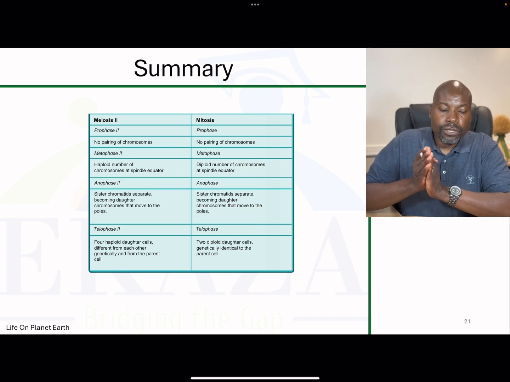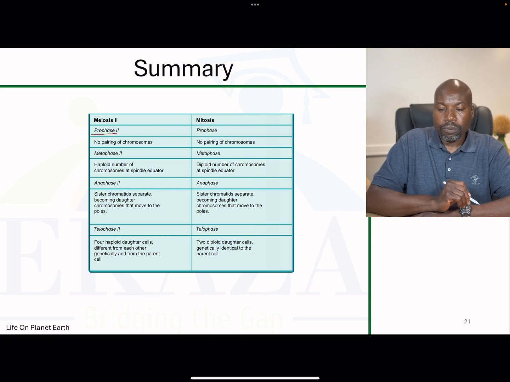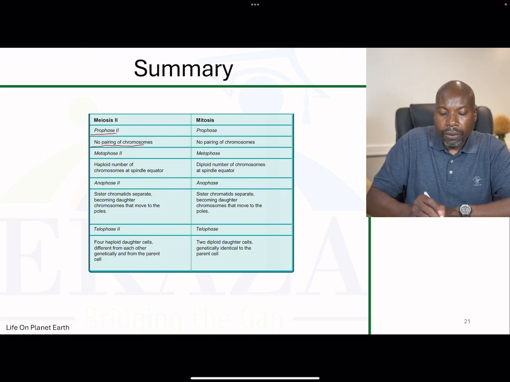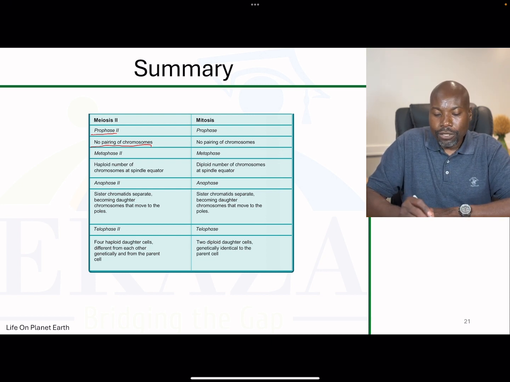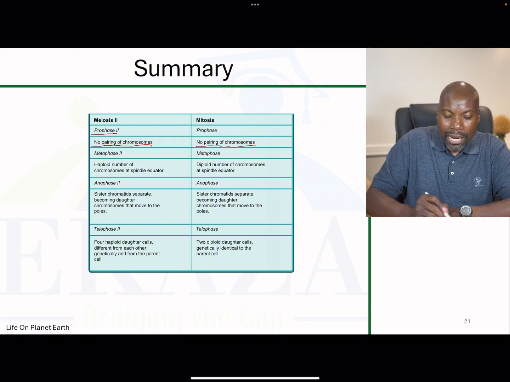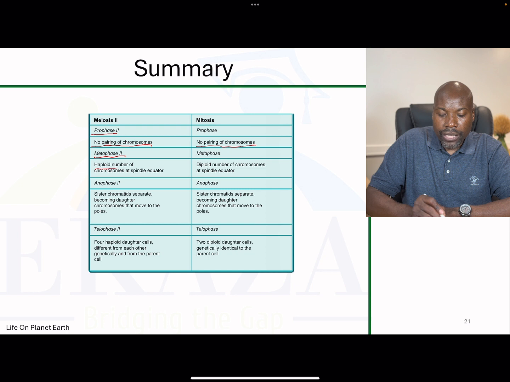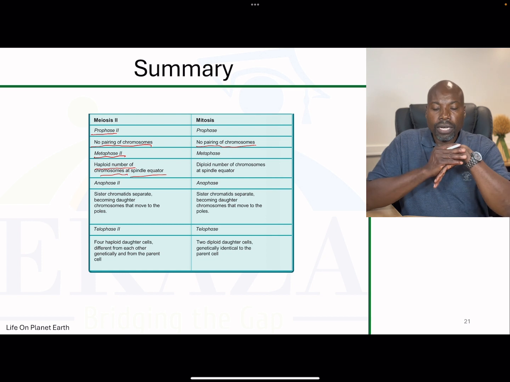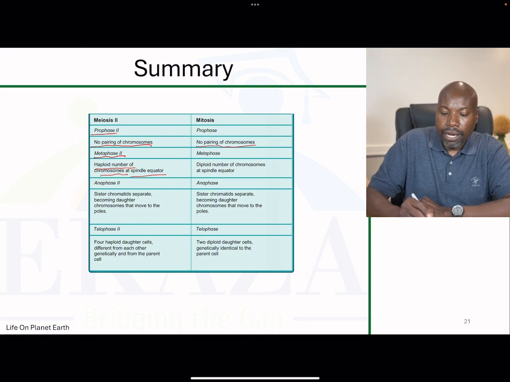In meiosis 2, during prophase 2, we have no pairing of chromosomes, and also in mitosis we have no pairing of chromosomes. So that's very similar. In metaphase 2, a haploid number of chromosomes line up on the equator line, with spindles attached to each kinetochore.